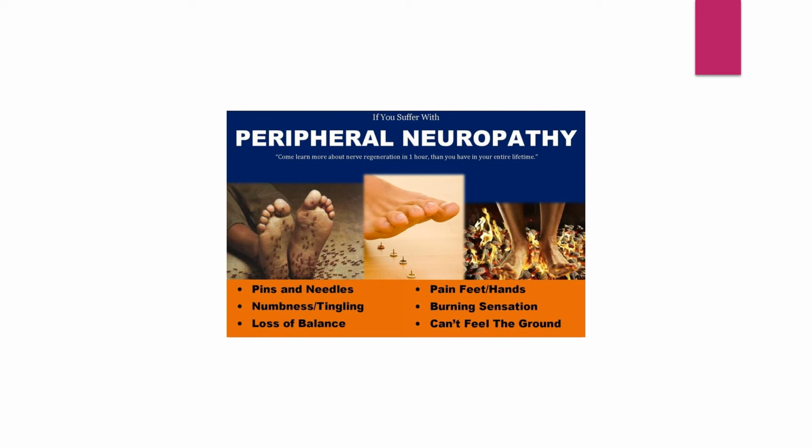This happens in peripheral neuropathy. Again, it is a disorder which has affected your nerve fibers. There is burning, shooting pain, tingling, numbness, loss of coordination. It may lead to falls. It affects feet and legs, sometimes hands and arms.